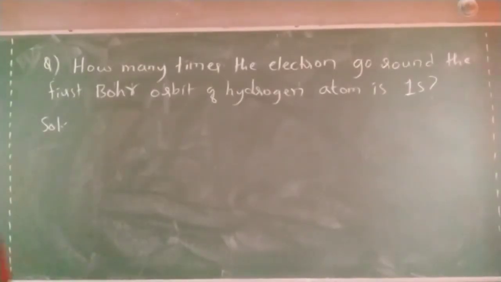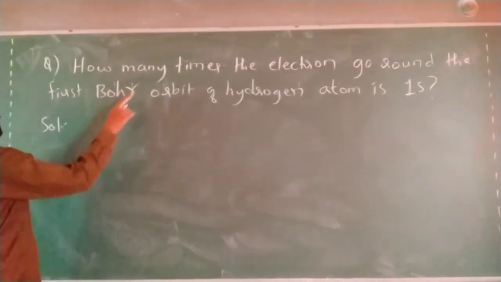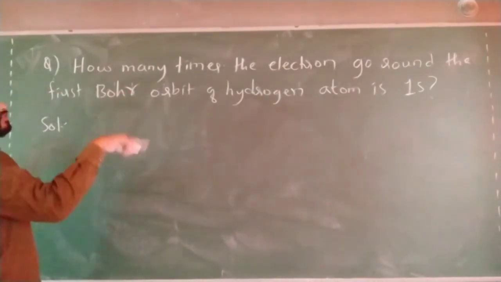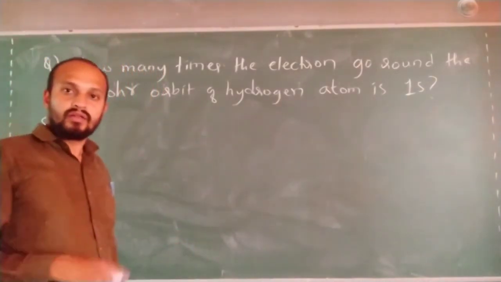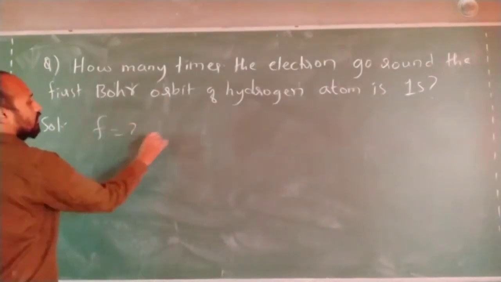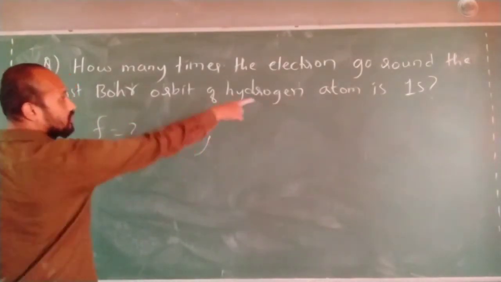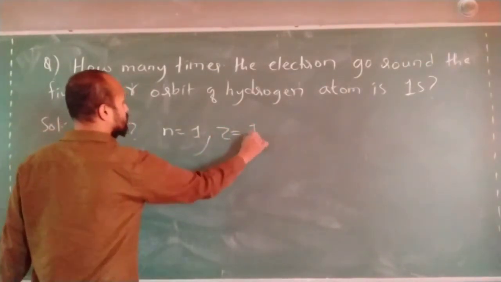How many times does the electron go around the first orbit of hydrogen atom in 1 second? So how many times will the electron make a circular path in 1 second? This is nothing but frequency. Find the orbital frequency for n equal to 1, the first Bohr orbit, and Z equal to 1.